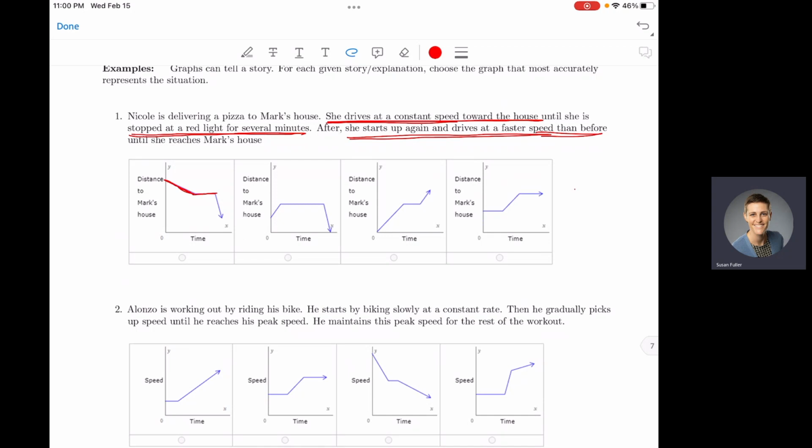So as she drives faster toward Mark's house, the distance to Mark's house is decreasing, but it's even faster than before. So it's steeper than before. So I think this one makes sense. This is the correct answer to this question.